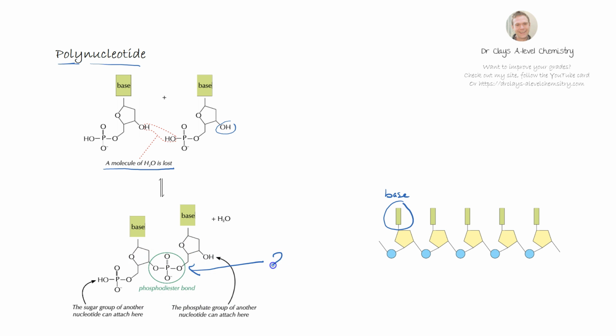Phosphodiester, well, there's 2 ester links in there, if we have a look at them, which are linked by a phosphorus group here, so that's why we get a phosphodiester bond. Again, notice that the bases are now still free, they're not involved. We have water lost, and this link is formed between the phosphate group and the OH group on the phosphorus. We don't need to know any mechanisms at all, but just that this is how they link together.